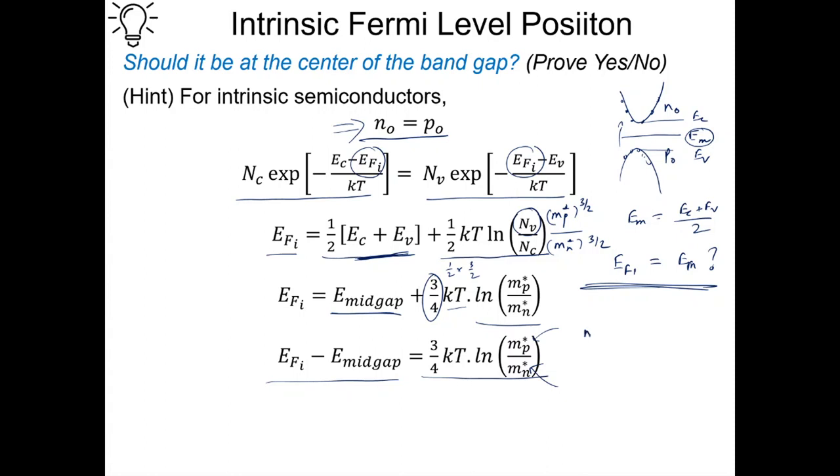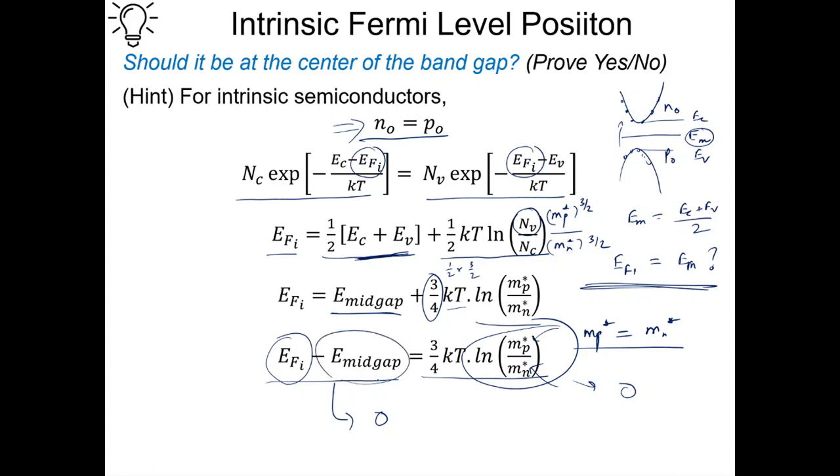Now if MP is equal to Mn, then this becomes 0 and this becomes 0. So only when the effective mass of the electron is the same as the effective mass of the hole in a given material, the intrinsic Fermi level will be aligned to the mid gap point.